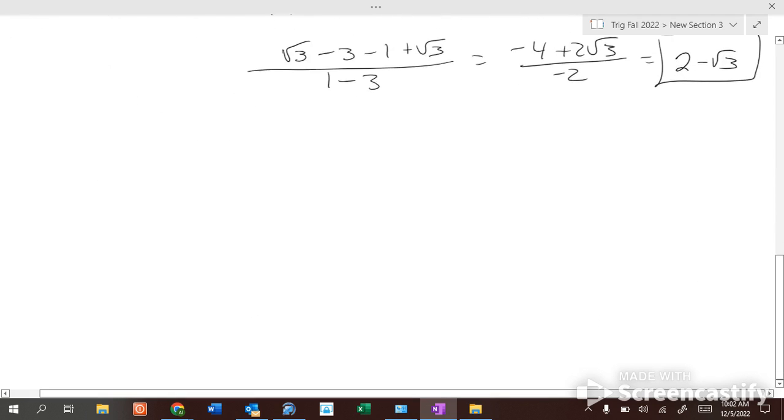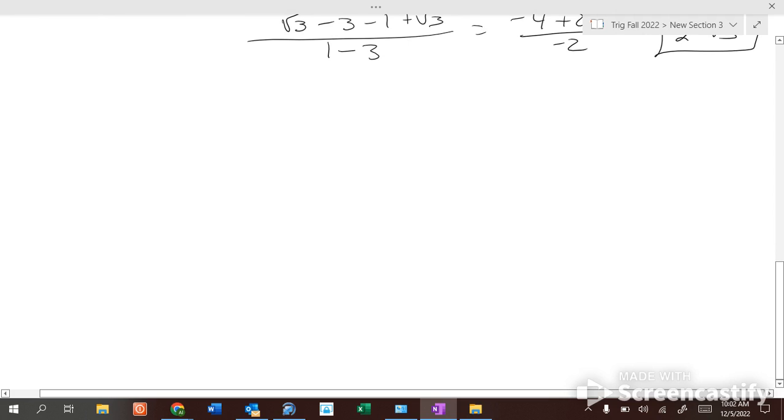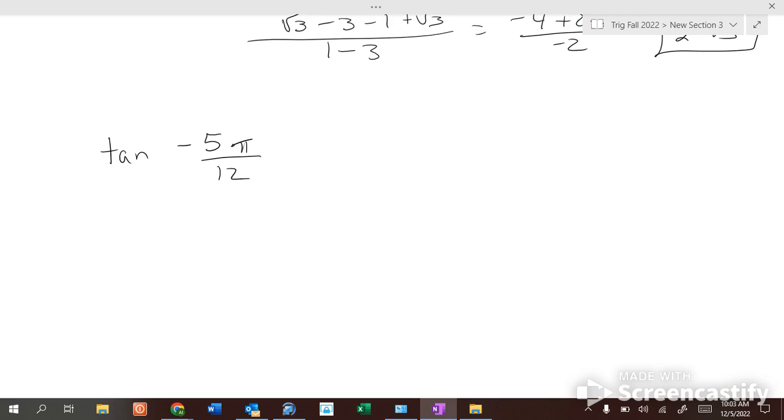Okay? Let's do one with radians. How about we do the tangent of negative 5 pi over 12. How do I get to negative 5 pi over 12?